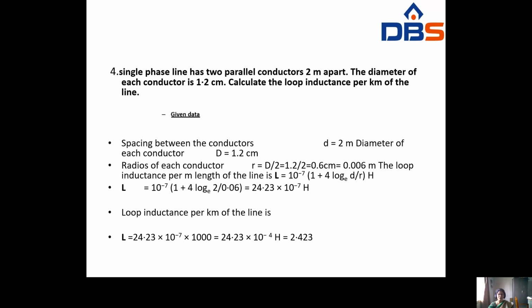So 24.23 into 10 to the power of minus 7 into 1000 gives 24.23 into 10 to the power of minus 4 Henries, which is finally 2.423 Henries. So this is the inductance per kilometer of the line. So these are the problems on the inductance calculations of transmission line parameters. Okay, thank you.